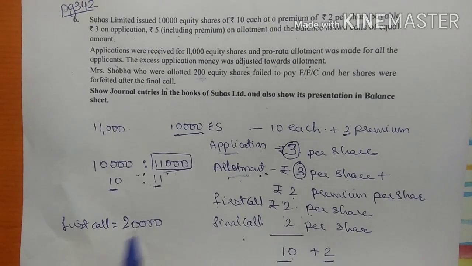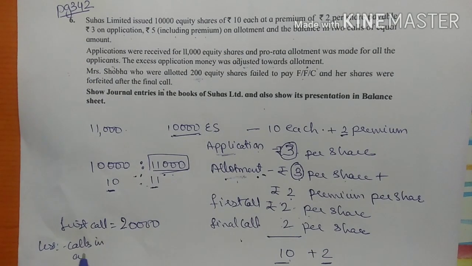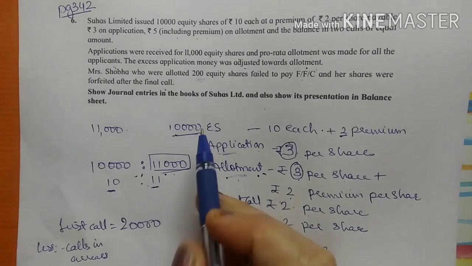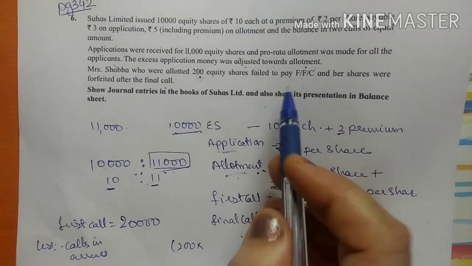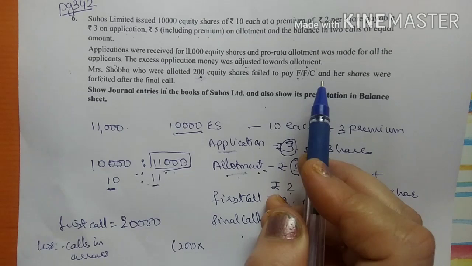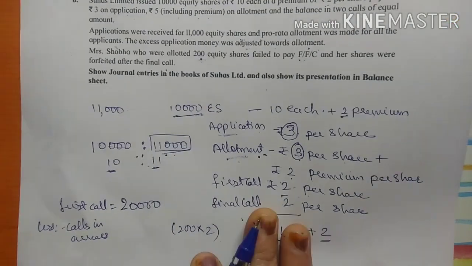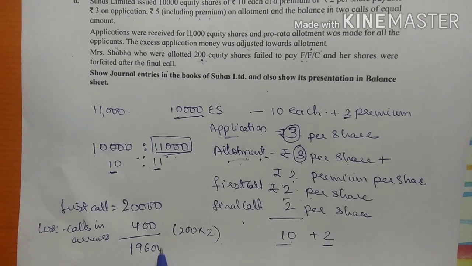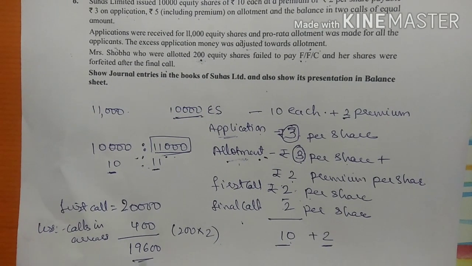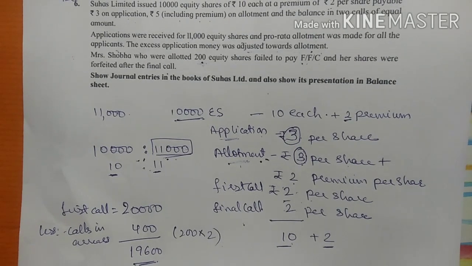But out of this, there will be less calls in arrears of Mrs. Shobha. So Shobha was having 200 shares and she has not paid the first as well as final call. So first call is of 2 rupees. So 20,000 minus 400, so it will become 19,600. So first call we will receive only 19,600 rupees.